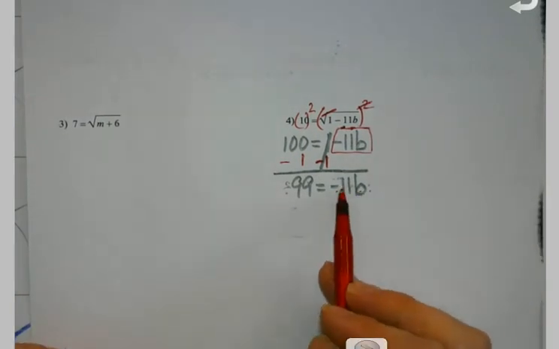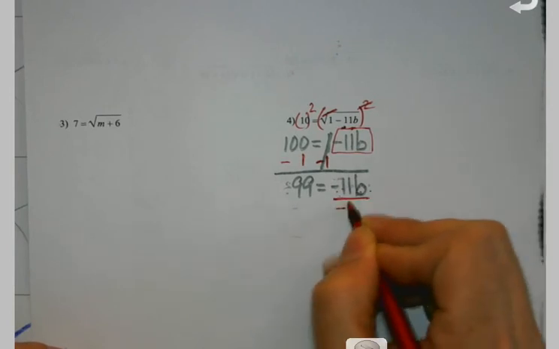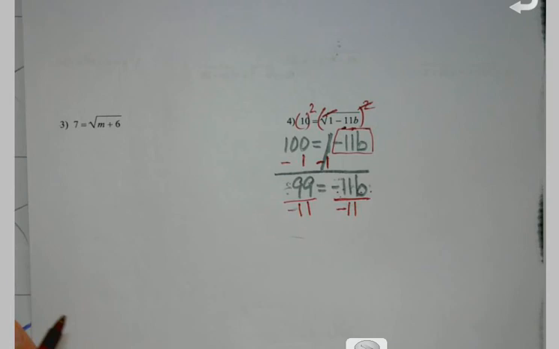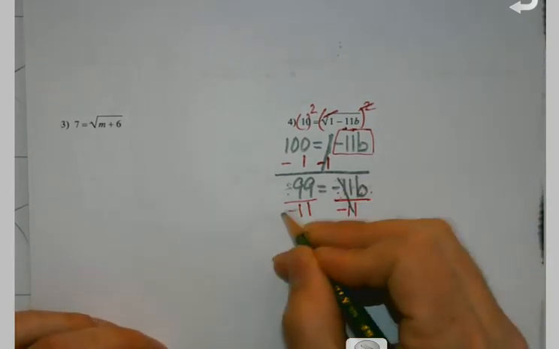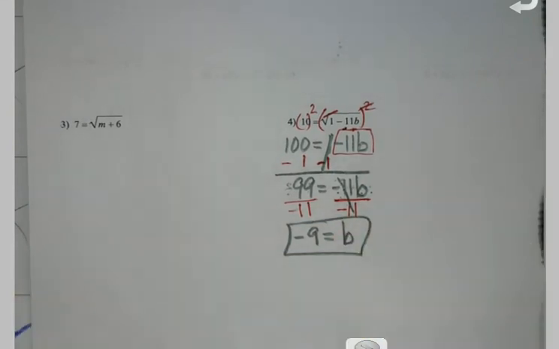I'm multiplying negative 11 times b. So the opposite of multiplying by negative 11 would be to divide. And 99 divided by negative 11 is negative 9, and I'm done.